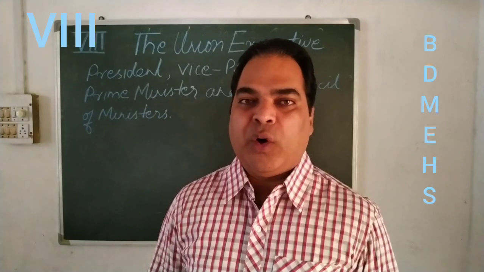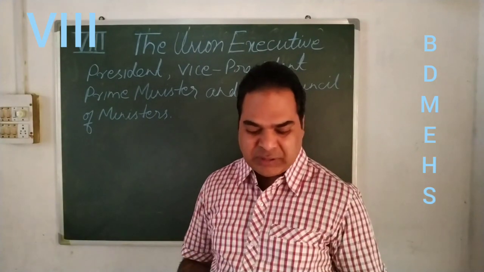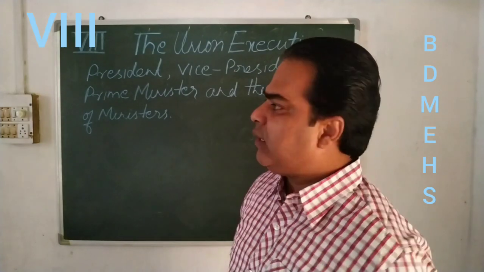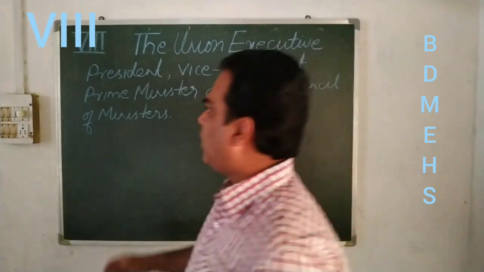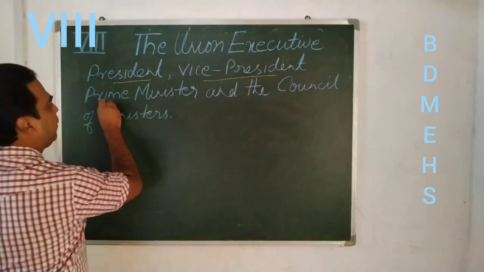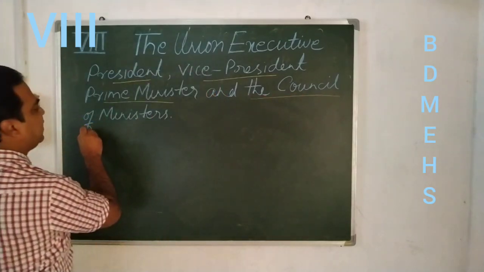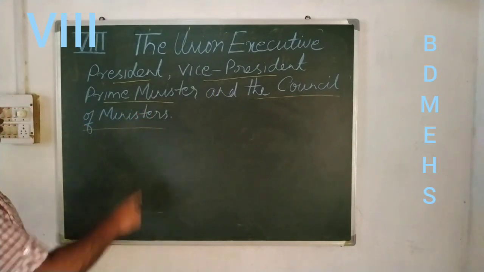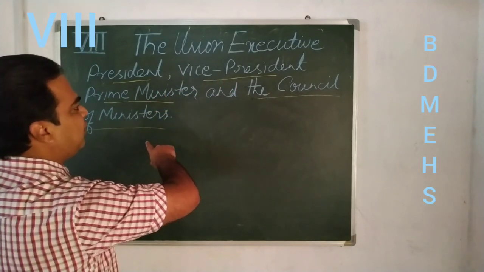And who all form the executive bodies? The Union Executive consists of the President, Vice President, Prime Minister and the Council of Ministers. These four together completely form the Union Executive. We'll discuss one by one what their powers and functions are and how they are elected. First we'll discuss the President, after that the Vice President, Prime Minister and the Council of Ministers.